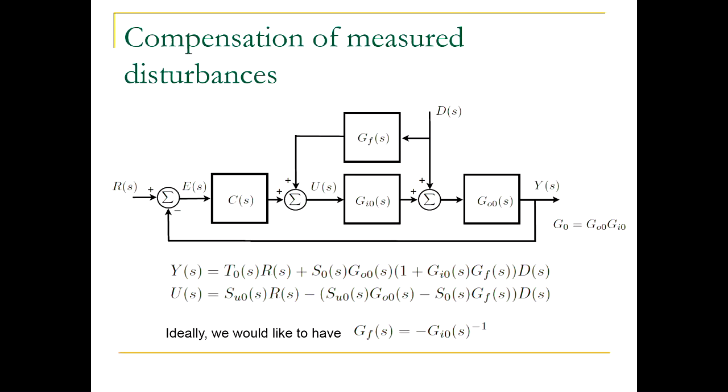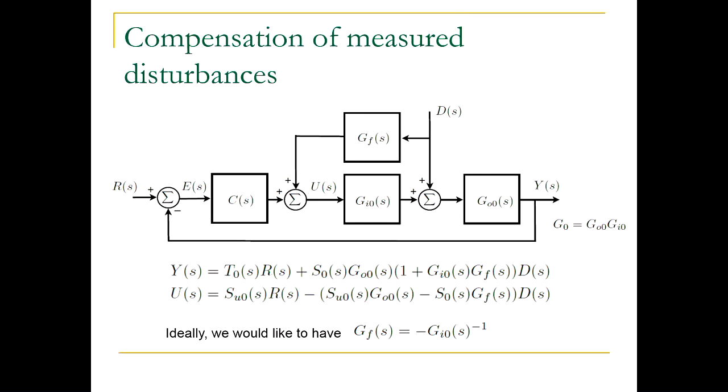So if GF is exactly that, then this signal D times GF, when I pass it through here, I will get exactly minus D effect, plus something else, which is the closed loop control action. So these two signals would cancel the effect, and this signal would be as if there's no disturbance acting on the system.